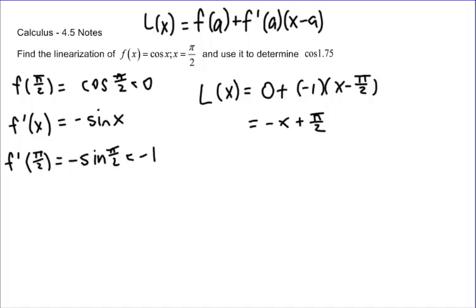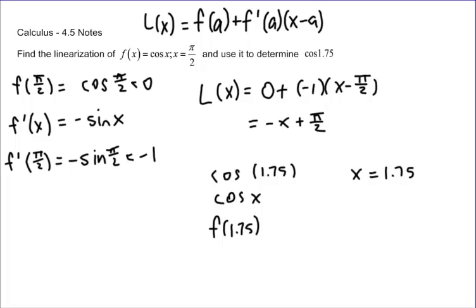If we're going to figure this out for the cosine of 1.75, we look at cosine of x again, but we let x equal 1.75. We're looking at the function at 1.75, which is the same thing as looking at the linearization at 1.75.